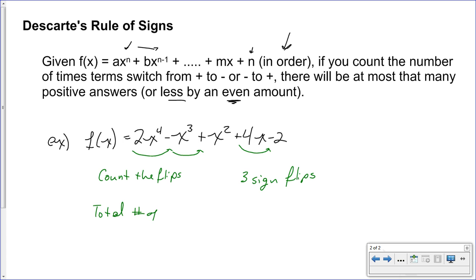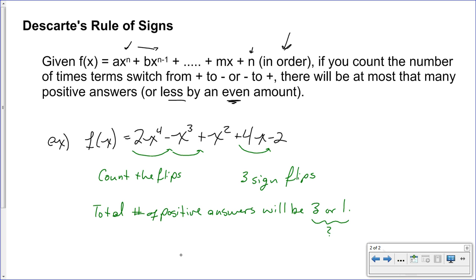Number of positive answers will be 3 or 1. Why, you might ask, does it change? It's either 3 or it drops by an even number.